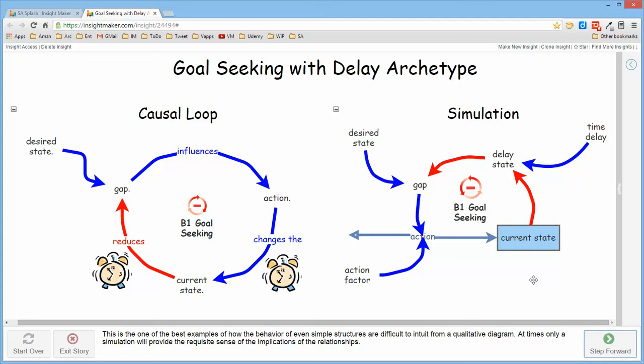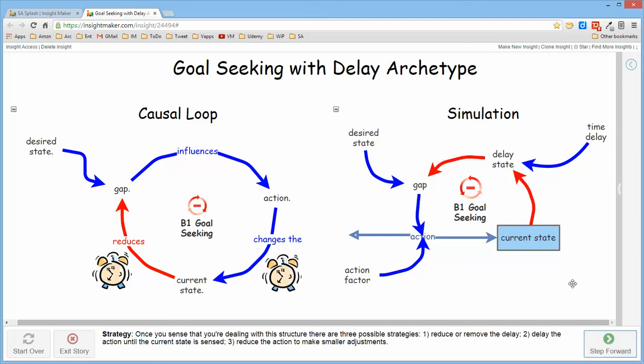It's just beyond the human capacity to intuit the implications of how that structure is likely to behave, which is why simulation is such a useful approach or useful tool.